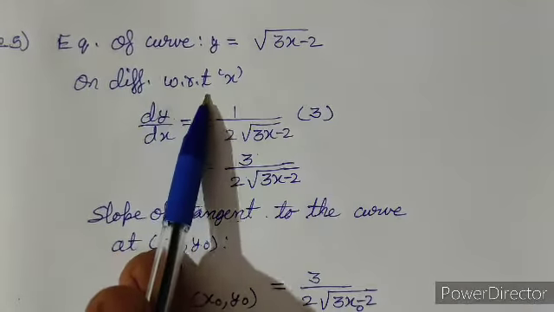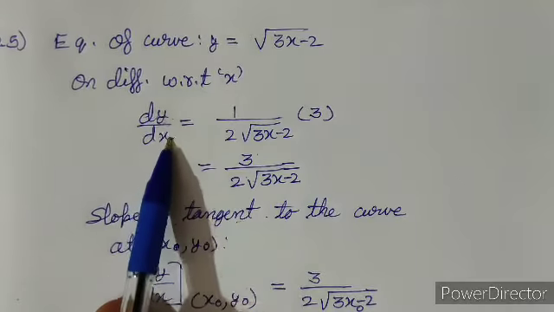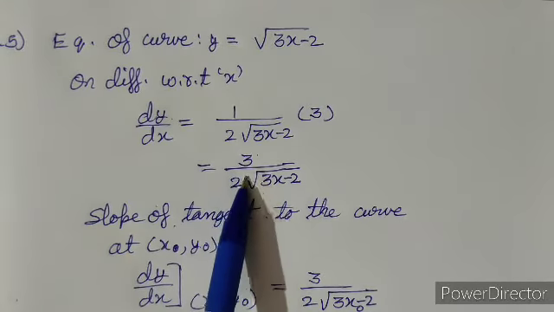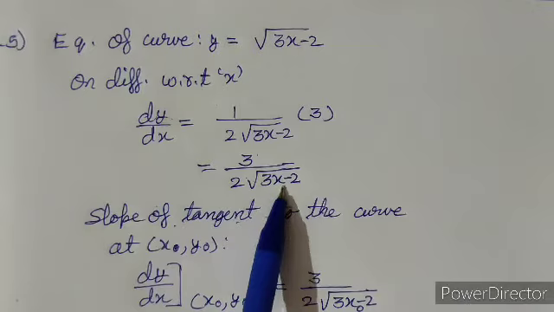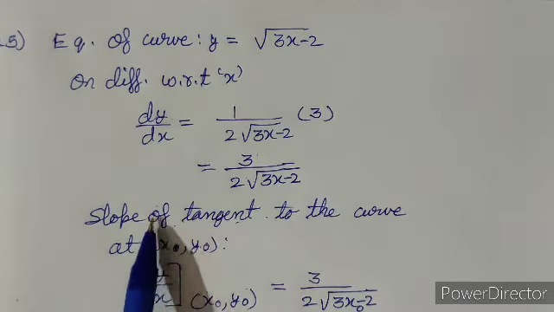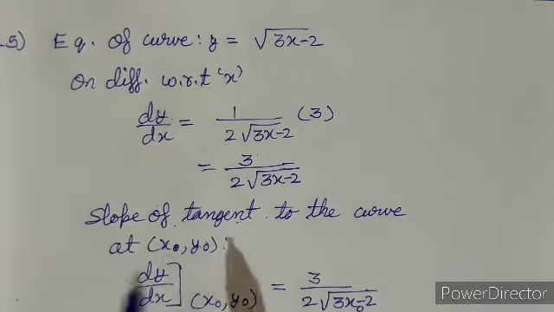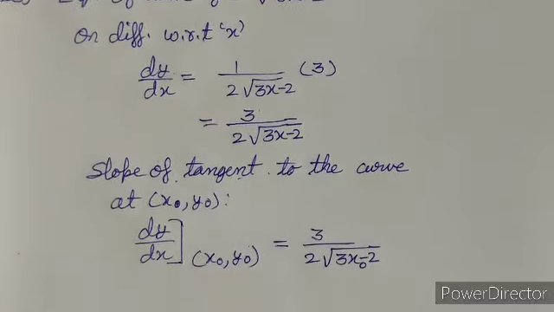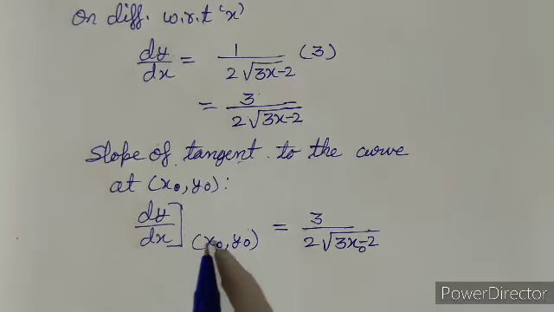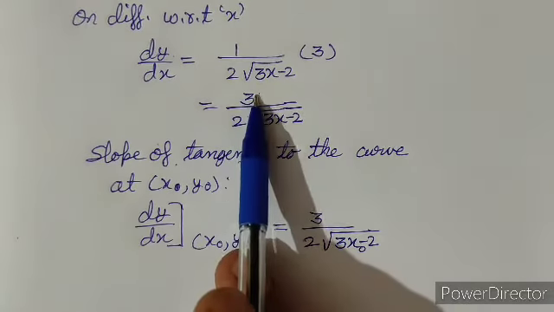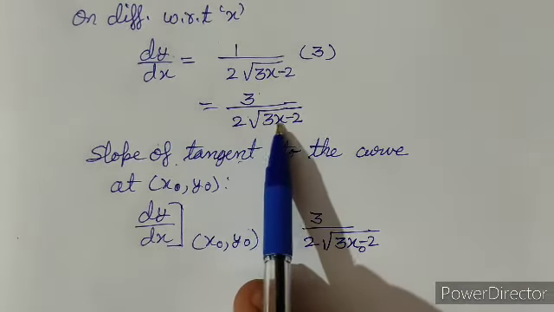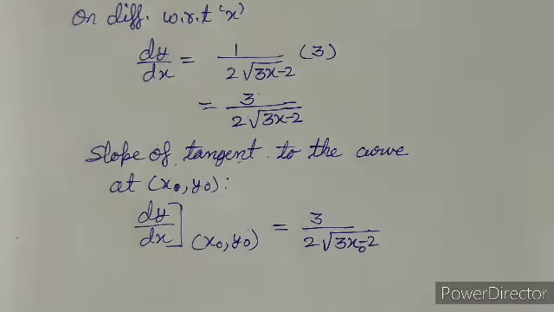On differentiating with respect to x, dy by dx will be equal to 3 upon 2 root 3x minus 2. Now slope of tangent to the curve at point x0, y0 will be given by dy by dx at x0, y0, and that will be 3 upon 2 under root 3x0 minus 2.